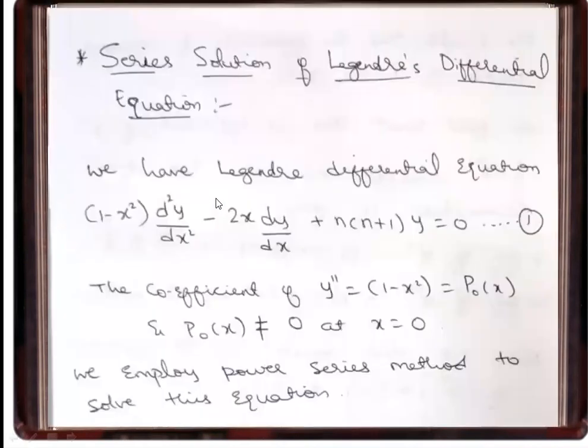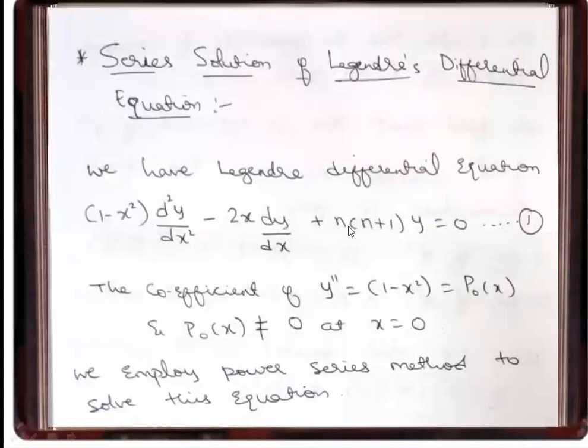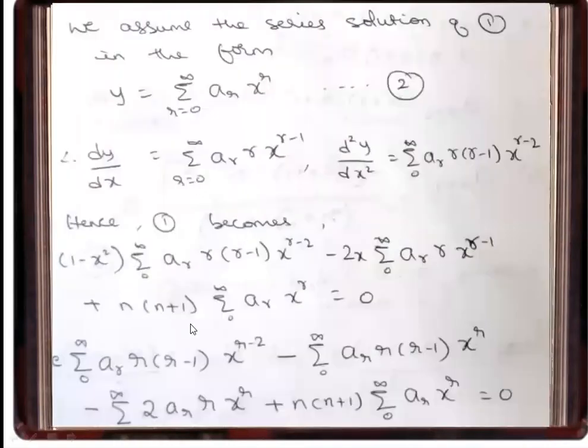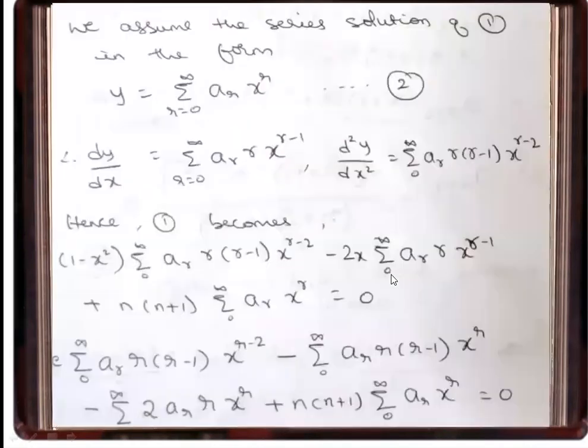Next we have minus 2x written as it is, dy by dx replaced by this expression. Next, plus n into n plus 1 written as it is, then y is replaced by equation 2, that is y equal to summation a r into x to the power r, which is equal to 0.